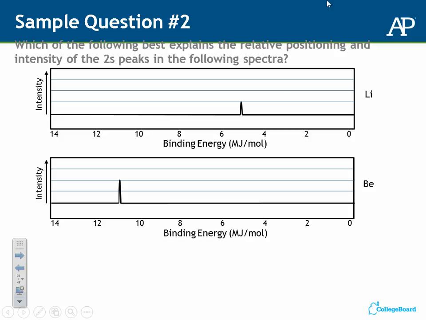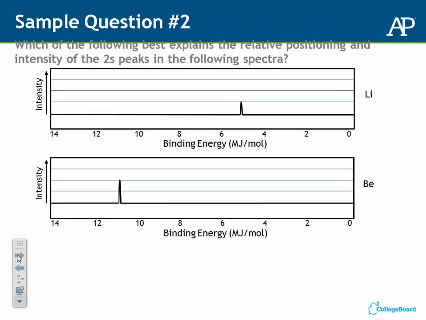We can see that for lithium, its binding energy is between 4 and 6 megajoules per mole, whereas beryllium's binding energy is between 10 and 12 megajoules per mole. And we can look at the relative number of protons in the nucleus to determine the strength of those binding energies.